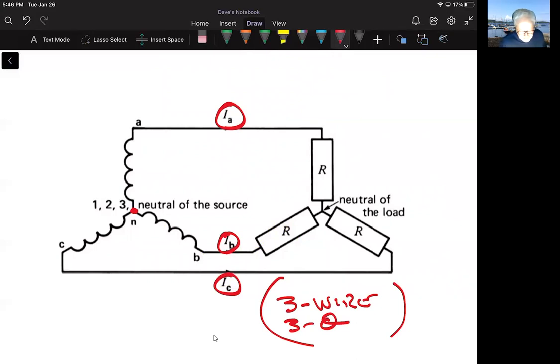Okay? Now, when we look at connections that are made this way, the generator and the load are said to be connected in Y. And how do we know that? Well, we know that because they all have a common connection. And that looks like a Y, an upside down Y or right side up Y. But this is a Y connection with a common point.